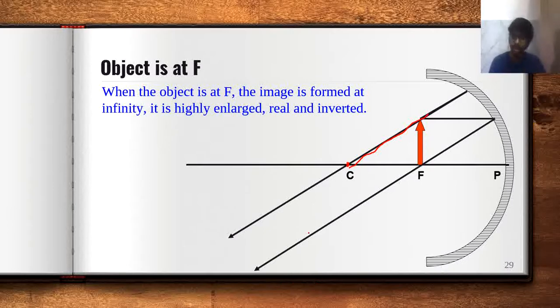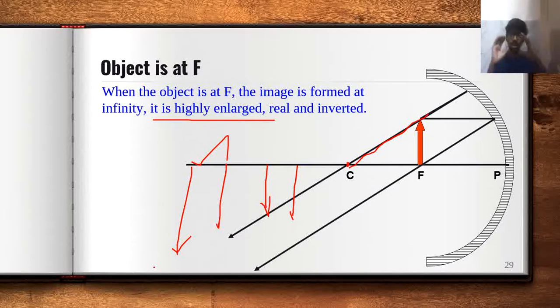Now what about the size? You can see as we go towards infinity, the image size is infinite. That means the image is highly enlarged. The distance between the principal axis and the intersection point is increasing.